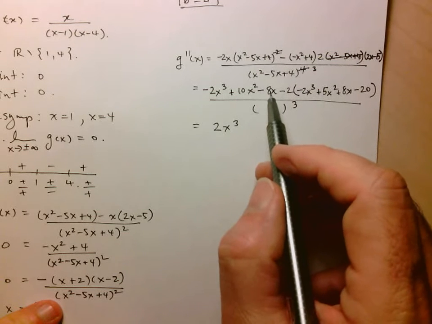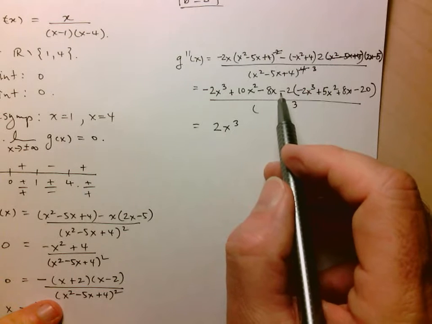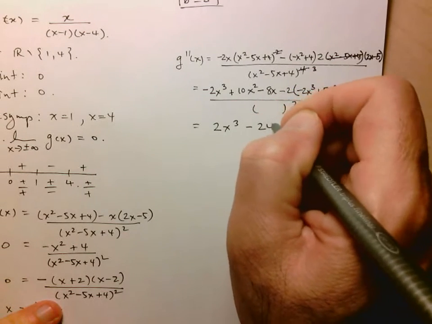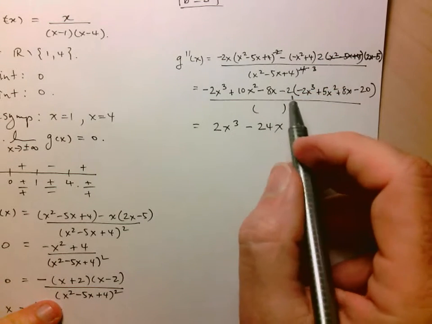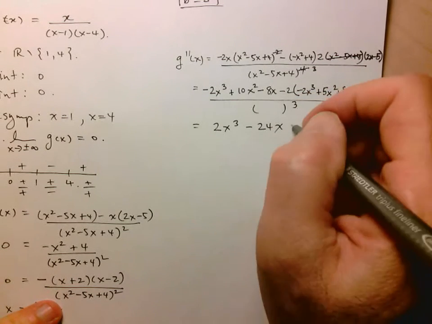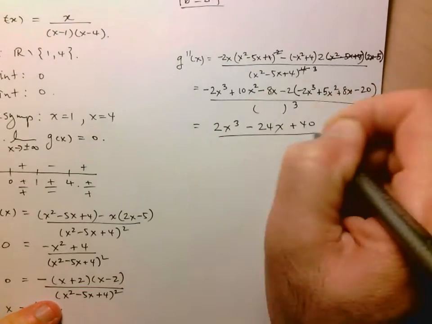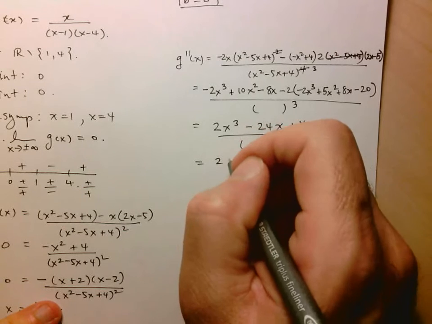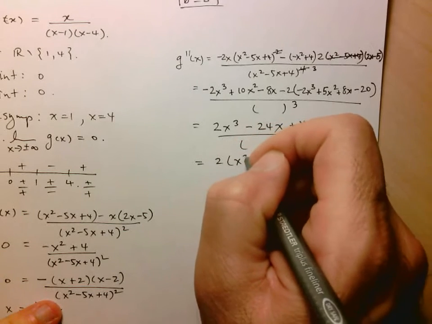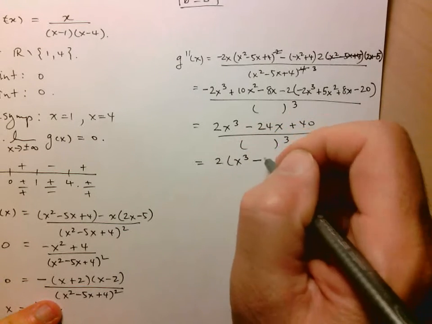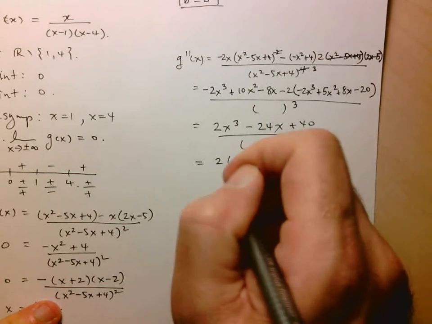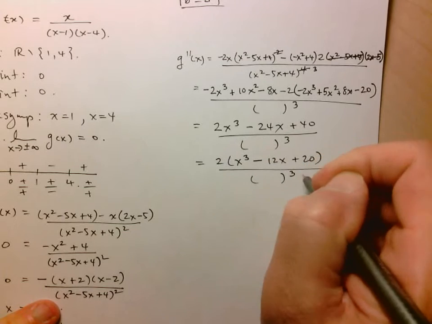Here we've got negative 8x minus 16x, so that's minus 24x, and then here we have negative 2 times negative 20, which is plus 40. Okay, over this whole thing cubed, and here we can factor out a 2, so x cubed minus 12x plus 20.